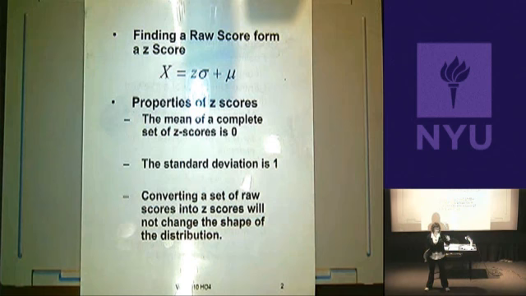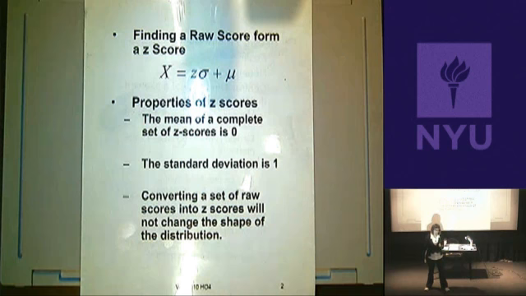If somebody told me their z-score was 2, we work backwards. I know that the standard deviation is 15. So 2 times 15 is 30 above my mean of 100. So I know their IQ is going to be 130.